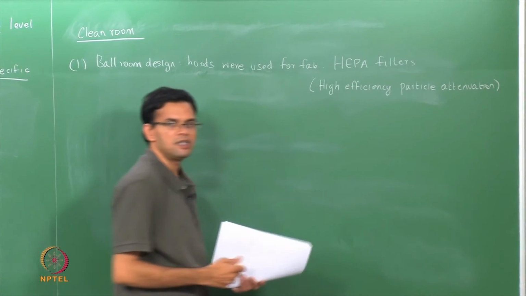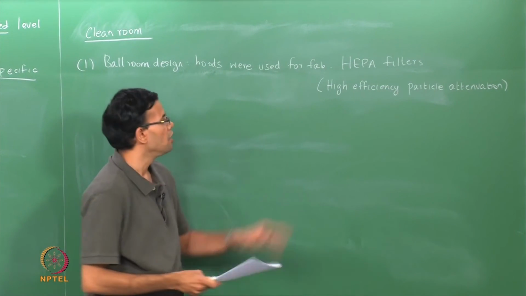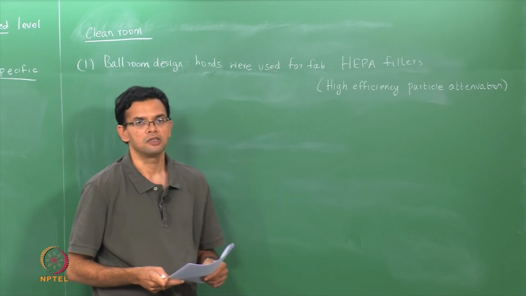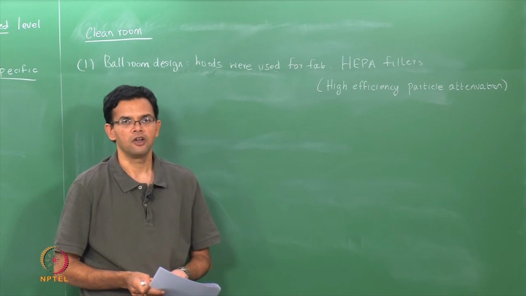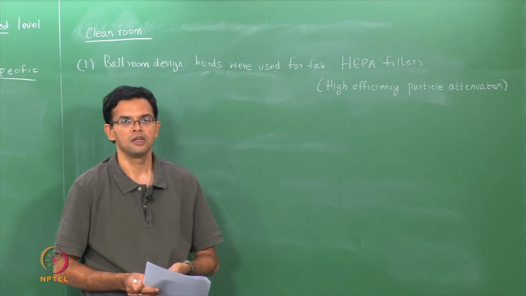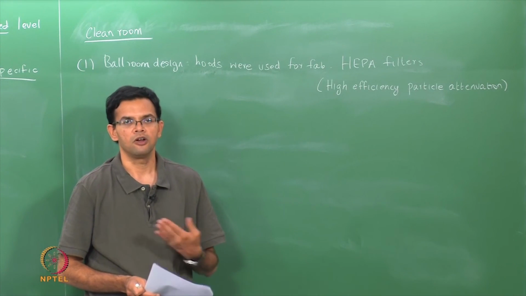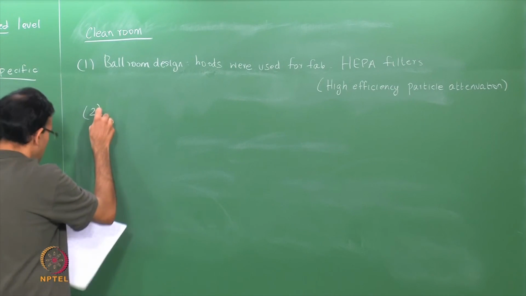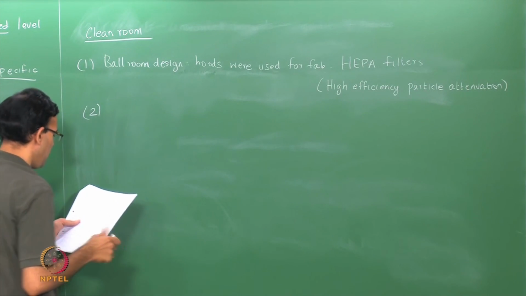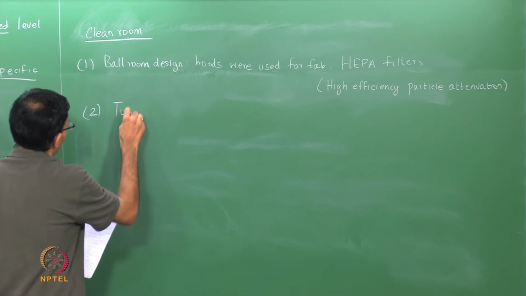So, HEPA filters were used within the hoods in order to minimize contamination, but usually the device dimensions in this case were of the order of micrometers. So, contaminant sizes were also of the order of micrometers. So, the ballroom design basically gave way to the tunnel and bay concept.